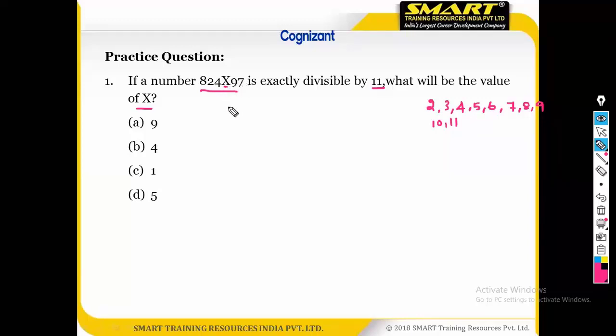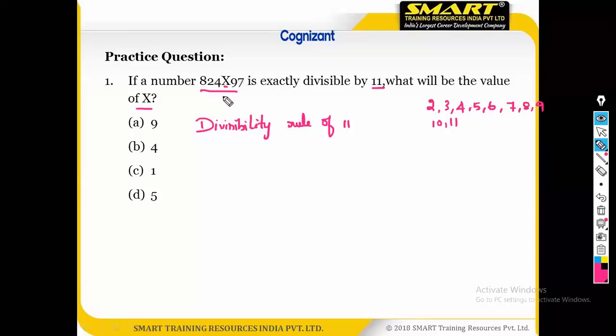So for that we need the divisibility rule of 11. What does that mean? Guys, what you have to do is take the odd position numbers and even position numbers.